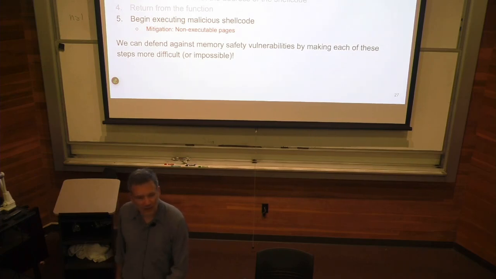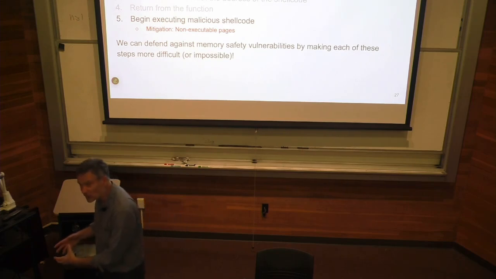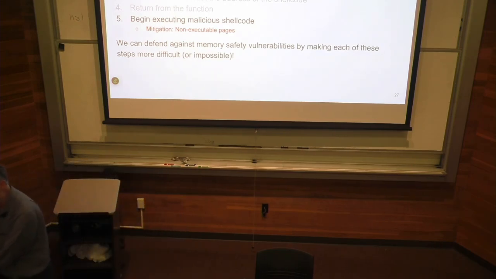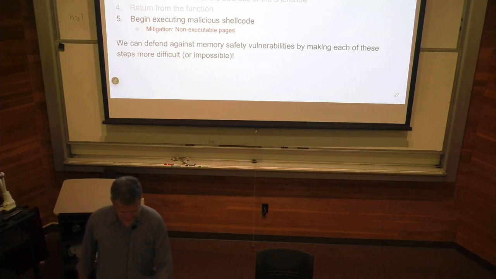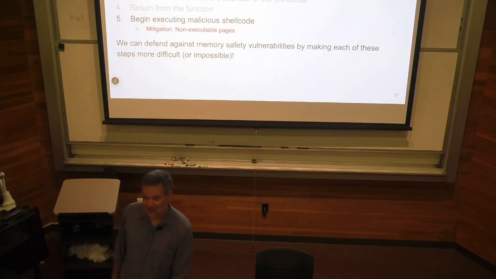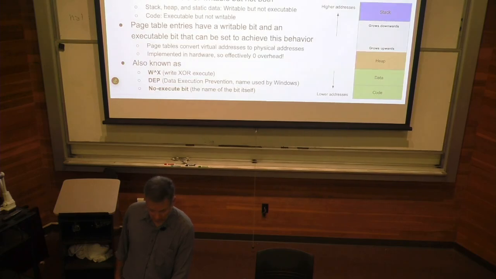Now that's a little weird because your actual program code is living not in the stack, it's living in its own segment, the code segment, a separate region of memory. So it's a little weird to execute code from the stack. Normal programs normally don't do that.